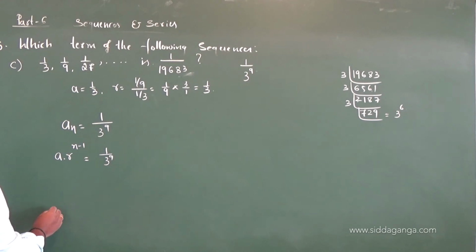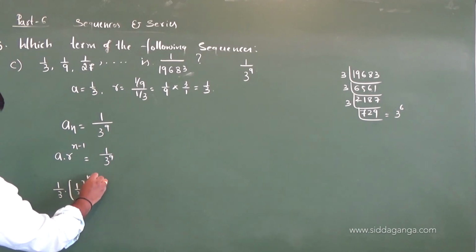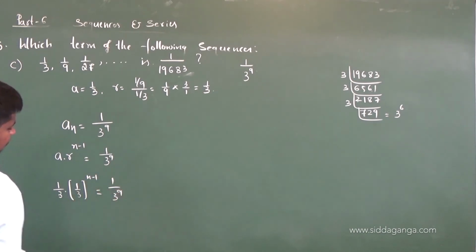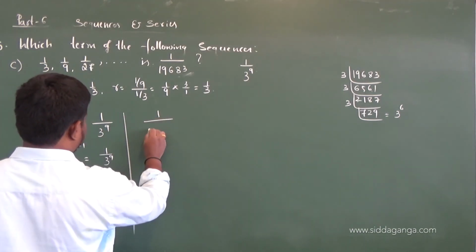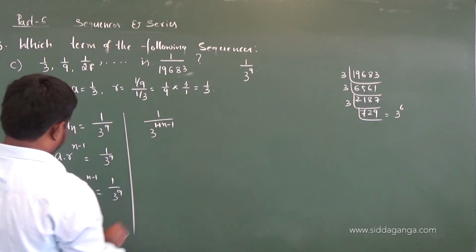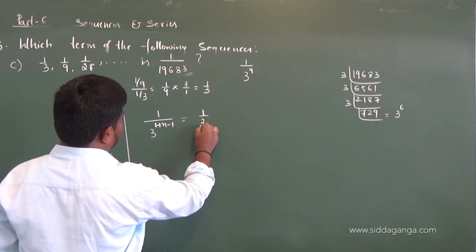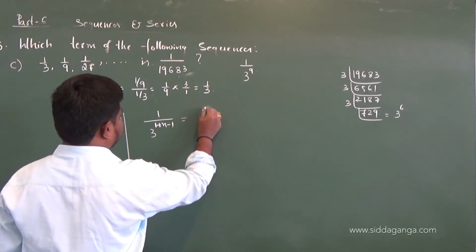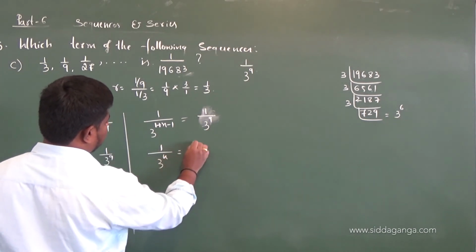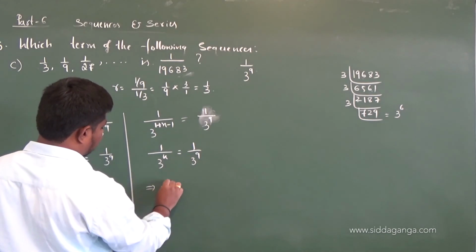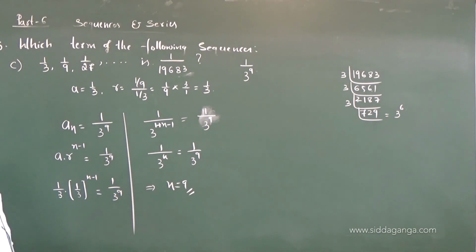A is 1 by 3 into 1 by 3 power of n minus 1 is equal to 1 by 3 power of 1 plus n minus 1, adding the powers, gives 1 by 3 power of 9. So you get 1 by 3 power of n is equal to 1 by 3 power of 9. So this gives n is equal to 9. So your ninth term is 1 by 19,683. That's it.